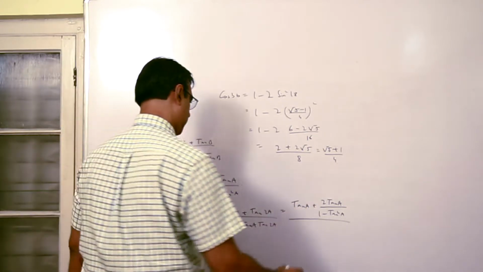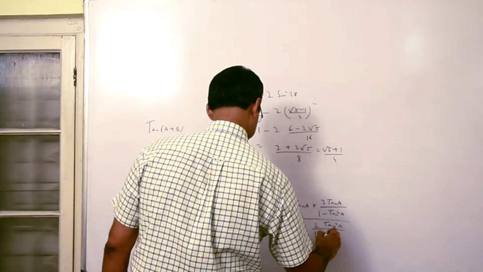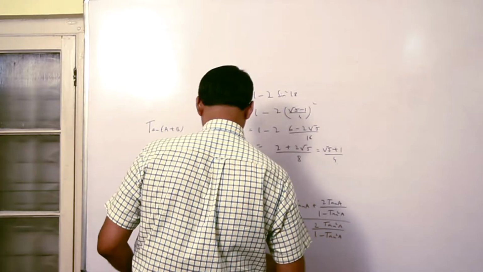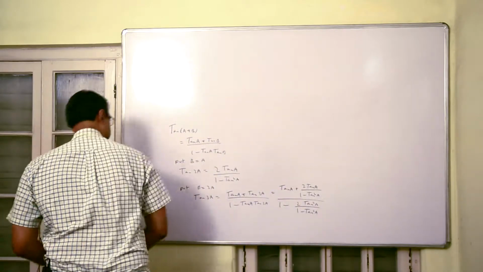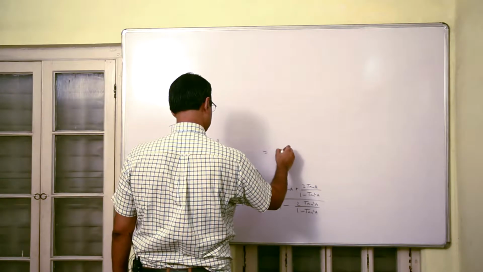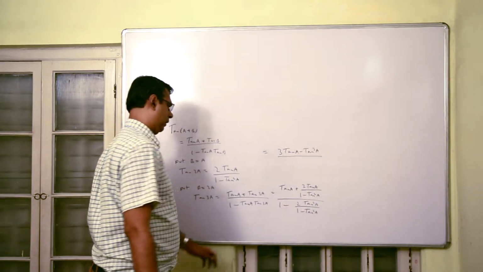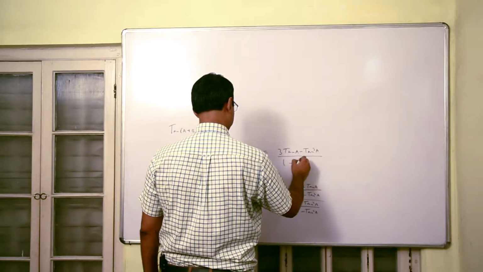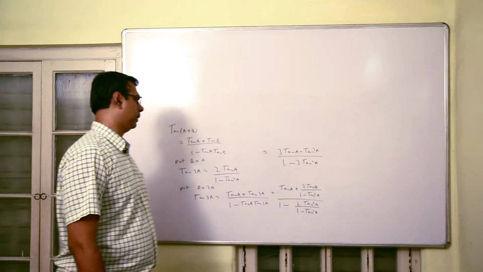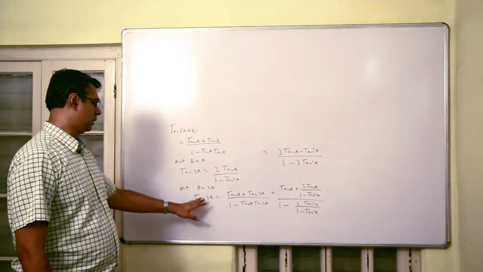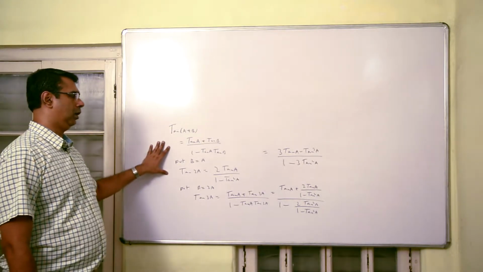Now tan 2A is 2 tan A by 1 minus tan square A. So after you put all these values and take an LCM, you will get 3 tan A minus tan cube A by 1 minus 3 tan square A. So this is the formula for tan 3A. So this completes all the formulas of multiple angles.